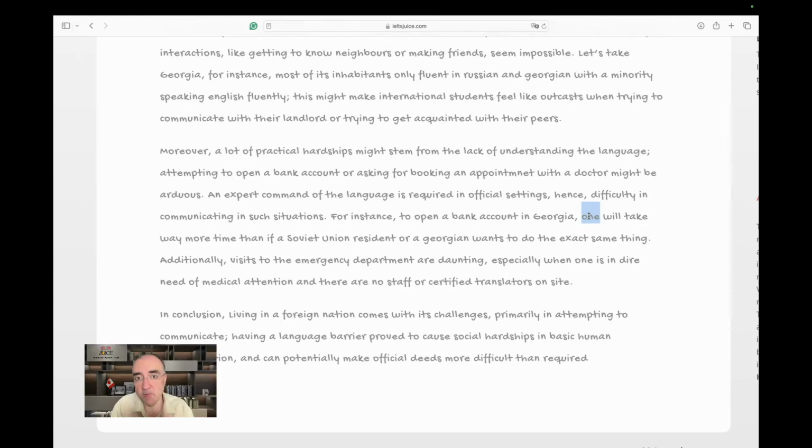Because I feel we are comparing the individual with the length of the process, which sounds weird. I need a better sentence that says, if a foreigner in, say, a Western country wants to open a bank account in Georgia, his or her process may take a lot longer than the process a citizen of Georgia goes through, generally speaking.